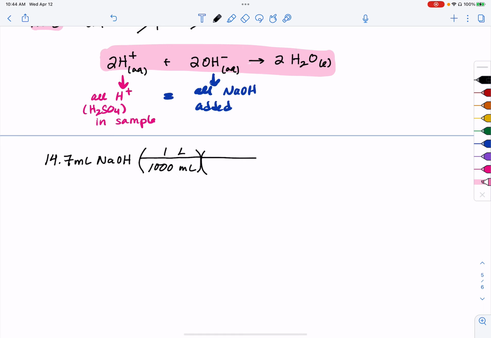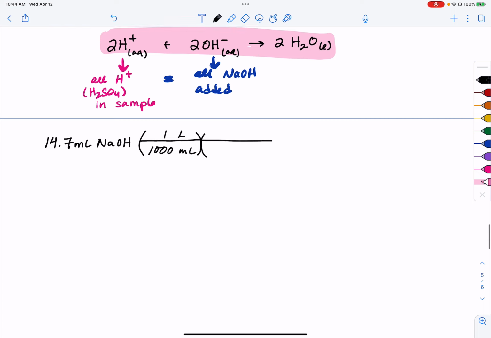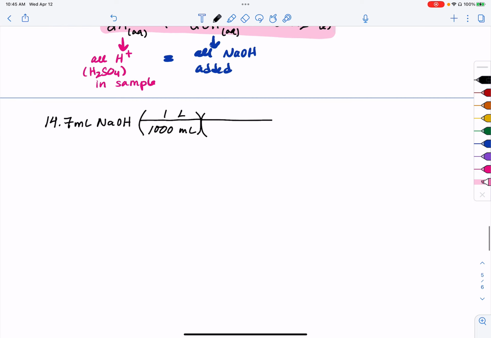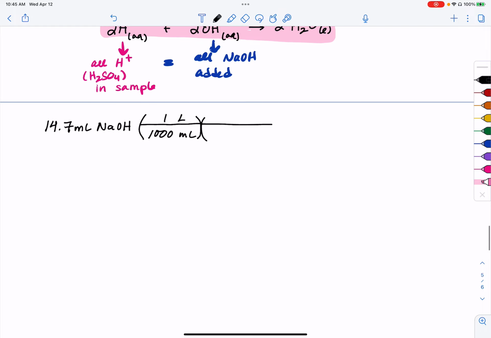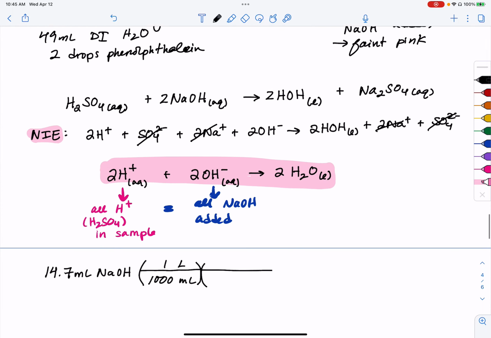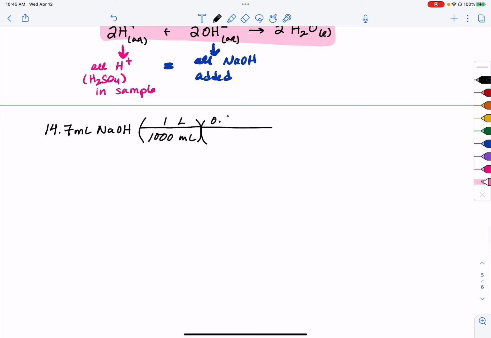And then since I am looking at my net ionic equation, I need to ensure that I am looking only at my hydroxide. So let's first figure out how much NaOH was added and then convert that into hydroxide. So let's see here. I added 14.7 milliliters NaOH, and I know that my concentration of NaOH was 0.125 moles NaOH per 1 liter of sodium hydroxide solution.